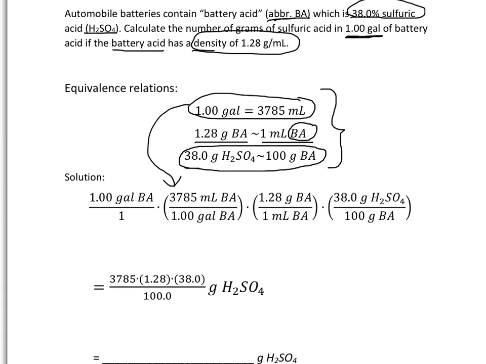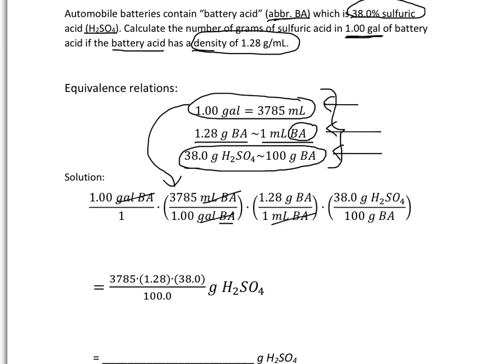Notice that this relation applies no matter what it is. This is just an equivalence of volumes, and I can add to that this label battery acid to both sides. After that conversion, I am in milliliters of battery acid. The density, this equivalence relation, allows me to convert milliliters of battery acid into grams of battery acid. And finally, I use that 38% here.